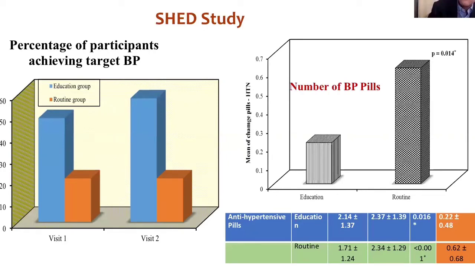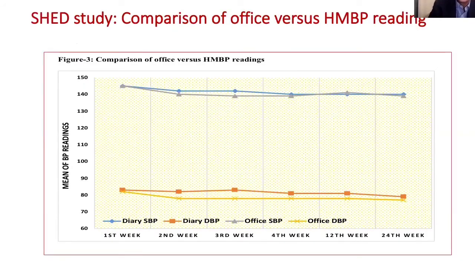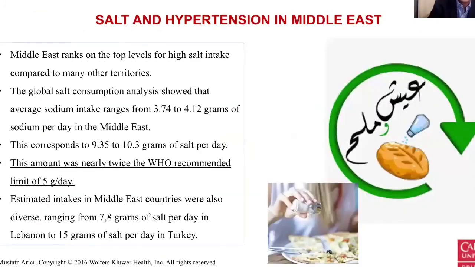So it's not just about adding more and more tablets, it's making patients aware of what we're doing. Another important part, when we compared the blood pressure readings of the patient at home with the blood pressure in the office, they were matching for systolic and diastolic. So the accuracy of home blood pressure monitoring is now pretty good, and it's something we can rely on.